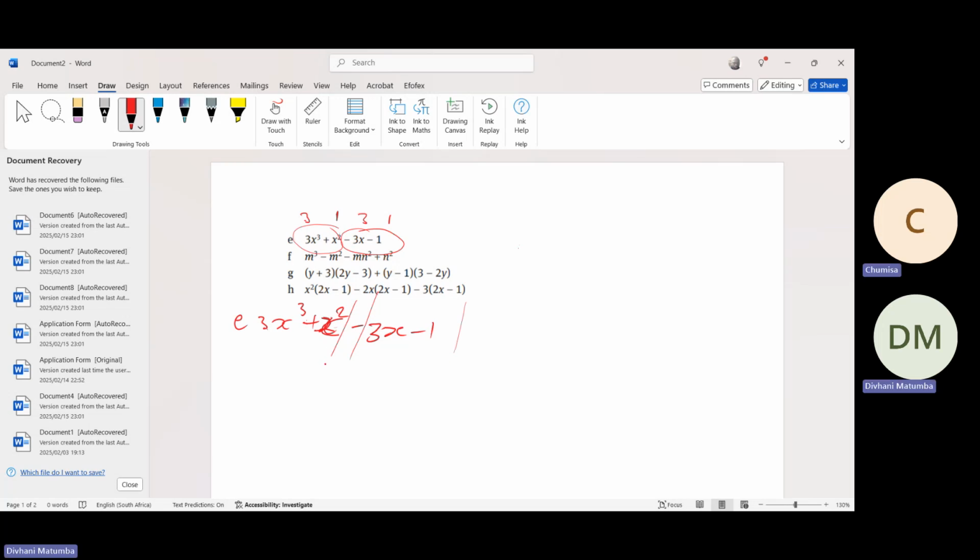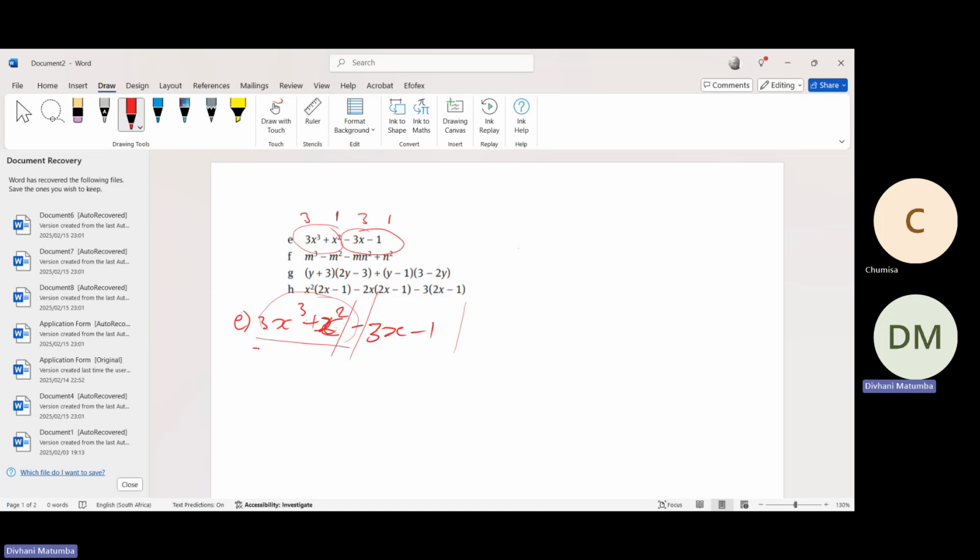And that common factor will be an expression. So between these two, do we have a common factor? No, sir. Between these two, is x not a common factor? Or let me say x squared. Yes, sir, it is.